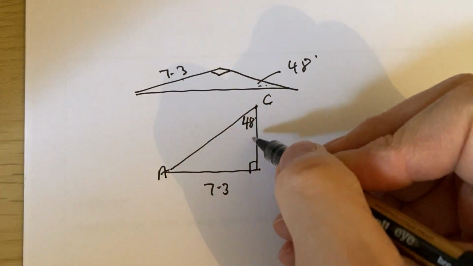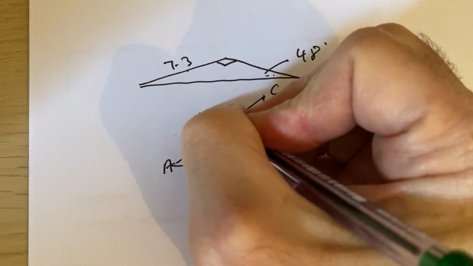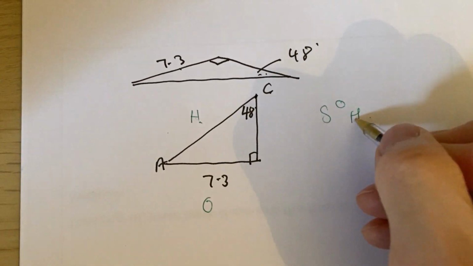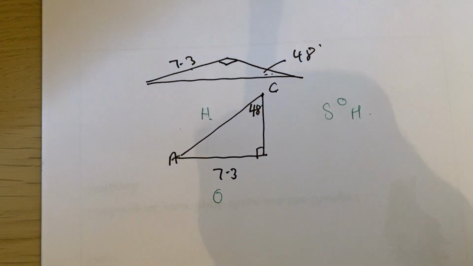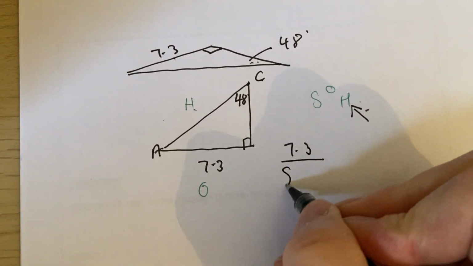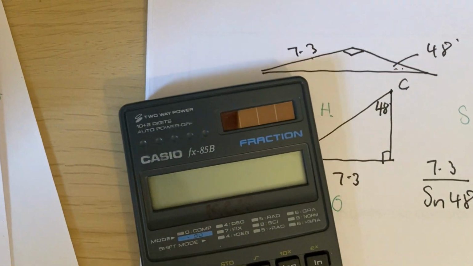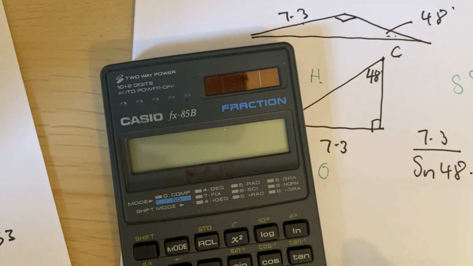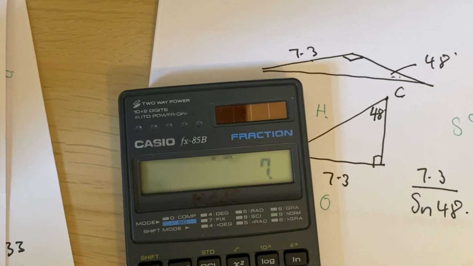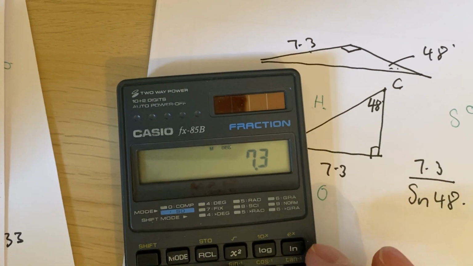In order to do that, let's label our triangle. This is opposite, this is hypotenuse, and therefore it's soh, cah, toa. So what I want is, I'm going to look at the hypotenuse. So it's going to be the opposite divided by sine 48. So let's try this calculator. You can see I don't really like this calculator. It's not my normal one. So let's turn the thing on. 7.3 divided by sine 48. I just don't trust this.